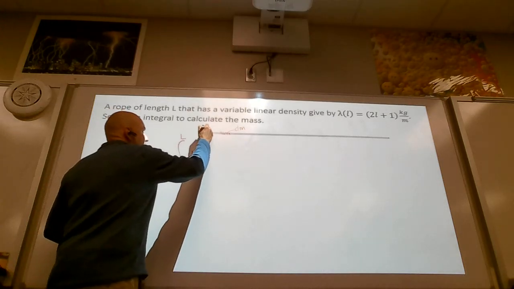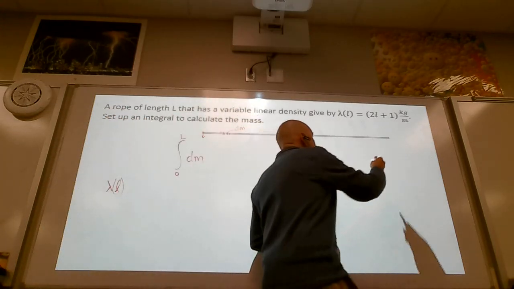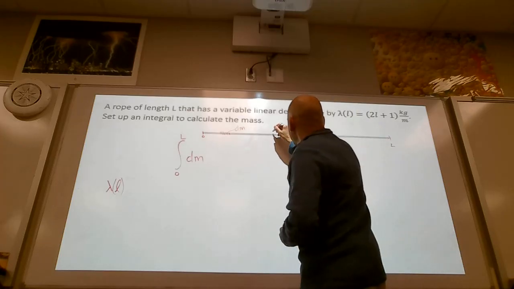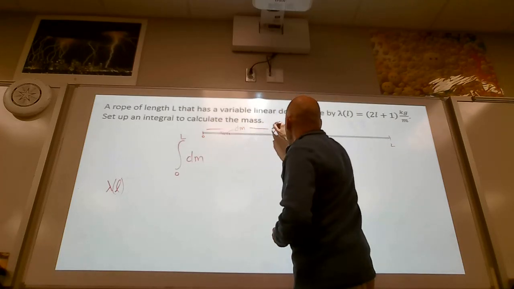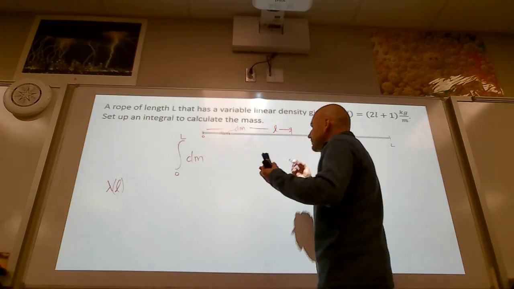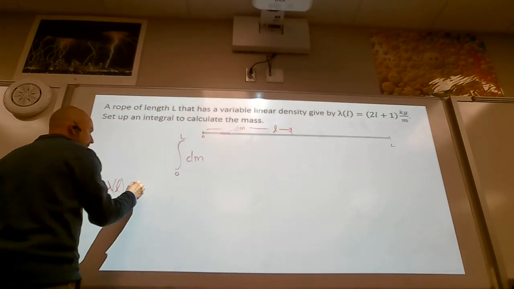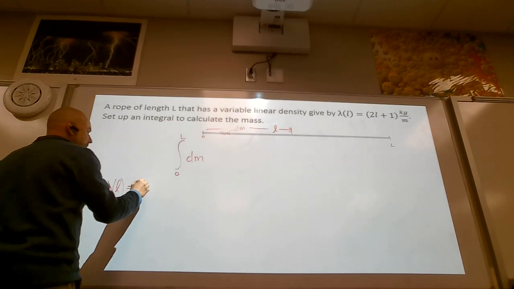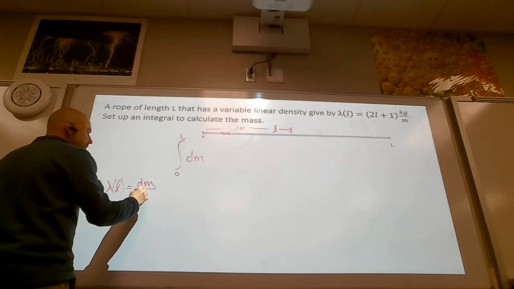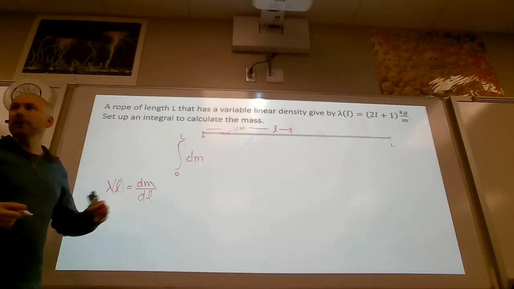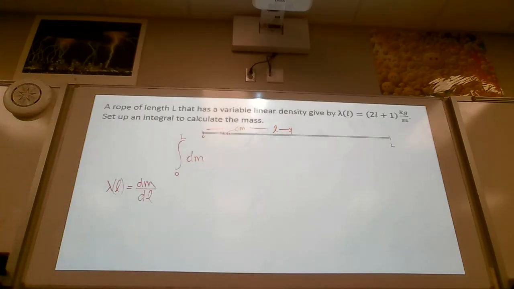So if I start here at 0, make that the origin, and this capital L, and some length lowercase l to somewhere, we're going to have a certain ratio that's changing as it goes along.